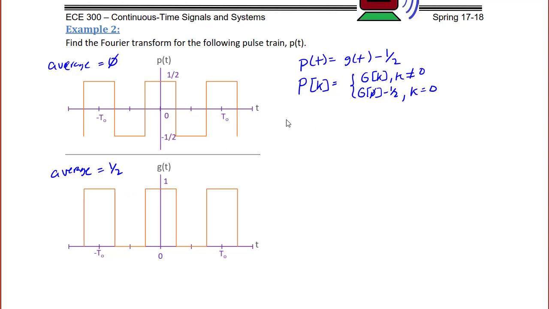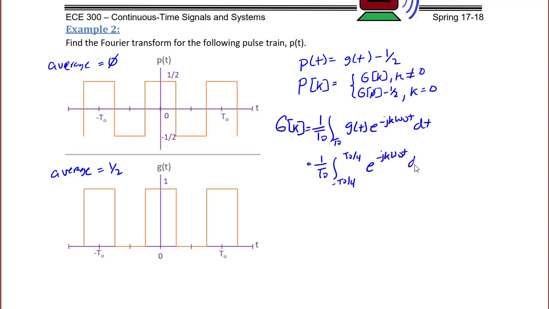So first, let's solve for g of k. G of k is equal to 1 over t naught, the integral over one period of g of t e to the negative jk omega naught t dt, which equals 1 over t naught, the integral from negative t naught over 4 to t naught over 4 e to the negative jk omega naught t dt, which equals 1 over pi k e to the jk pi over 2 minus e to the negative jk pi over 2 divided by j2.